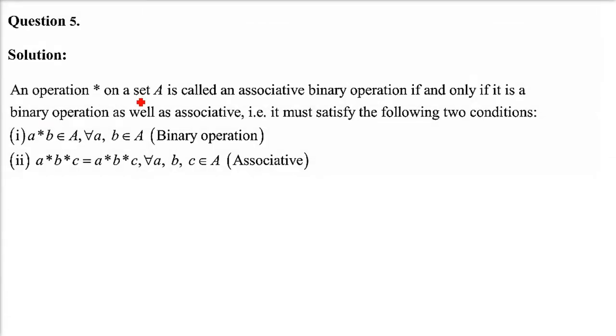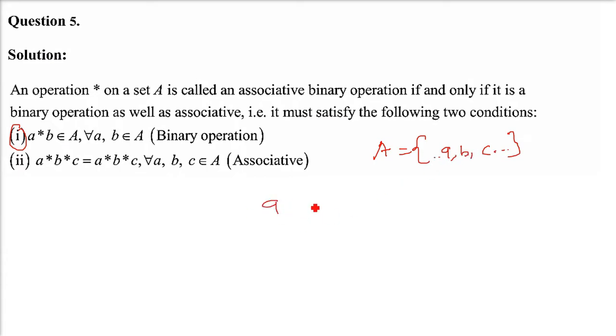Now the fifth part, define an associative binary operation on a set. Associative binary operation, same thing you have to do. First you have to define the binary operation and then associative. If we have a non-empty set A and we take certain values, like 3 values, and binary operation always operates on 2 values.